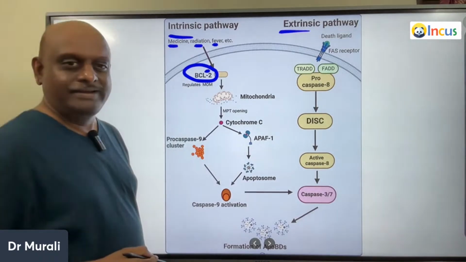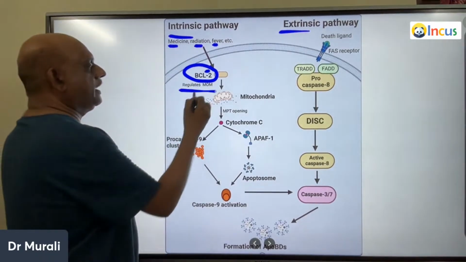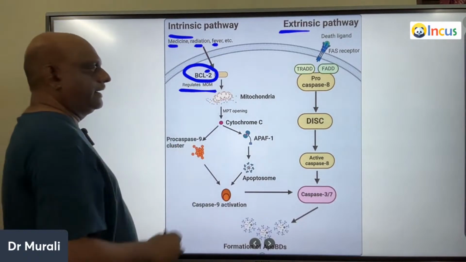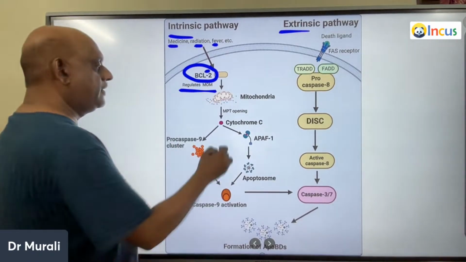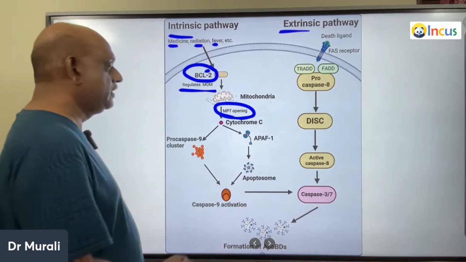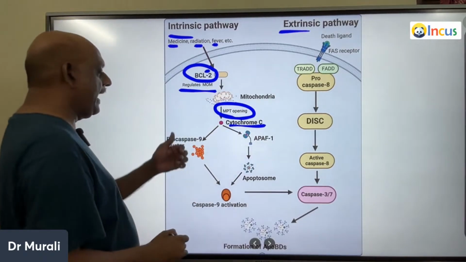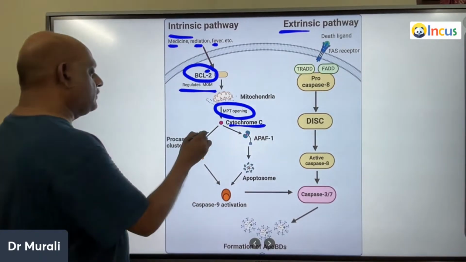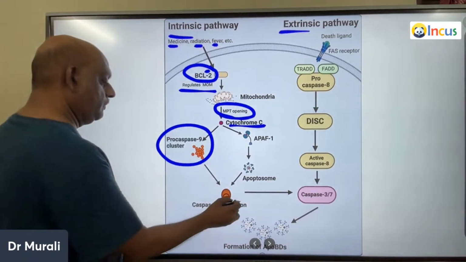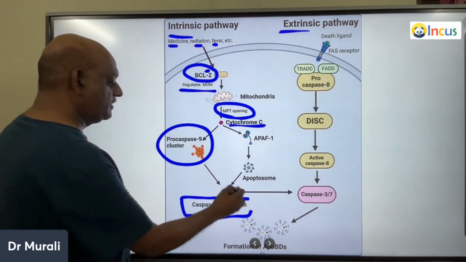BCL2 regulates the mitochondrial outer membrane, which gets stimulated. That leads to opening of the MPT, leading to cytochrome C activation that will cause procaspase 9 to become caspase 9.